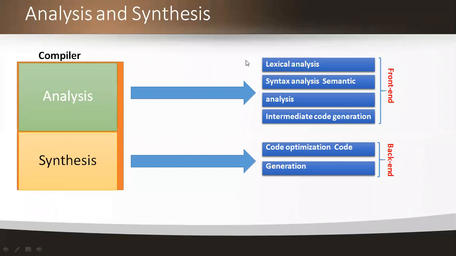The semantic analysis generates output, which is taken as input to the intermediate code generator. Finally we get the intermediate code representation from the intermediate code generator, and that output from the analysis is taken as input to the synthesis phase.